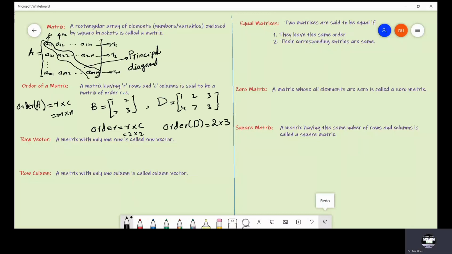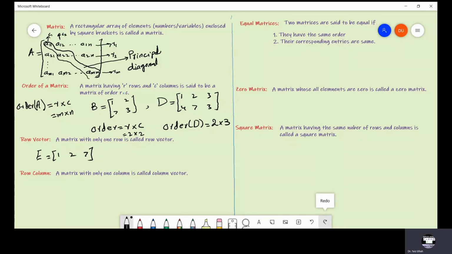Row vector. A matrix which has only 1 row is called a row vector. For example, let us write a matrix E. Matrix E is 1, 2, 7. We can see there is only 1 row in this matrix. That is why this matrix is called a row vector.